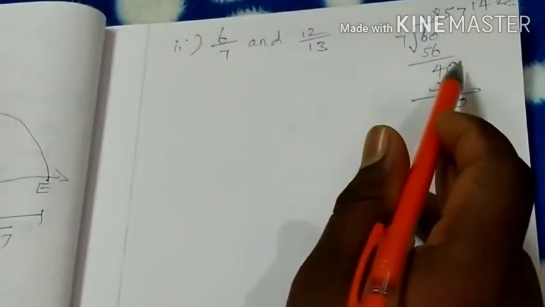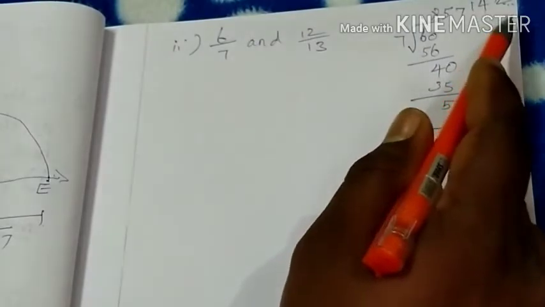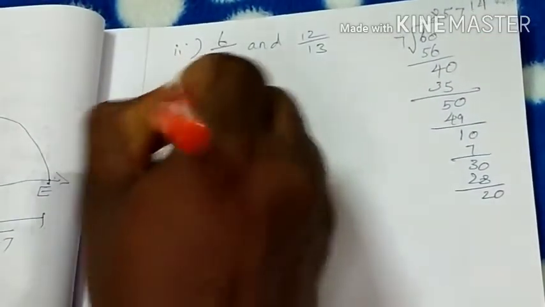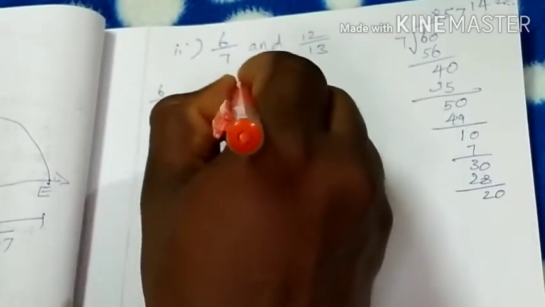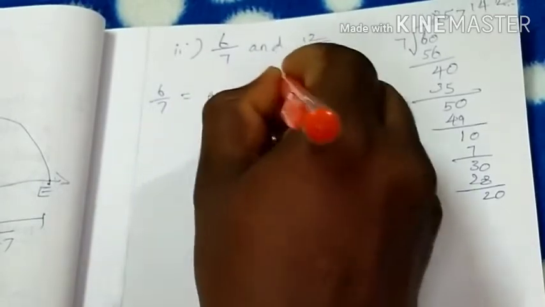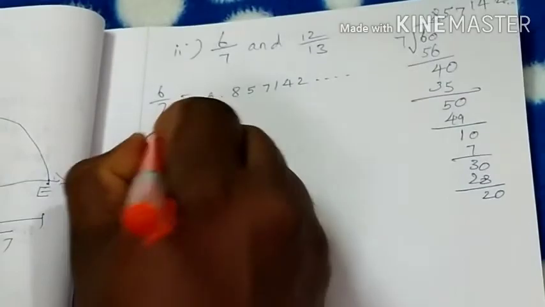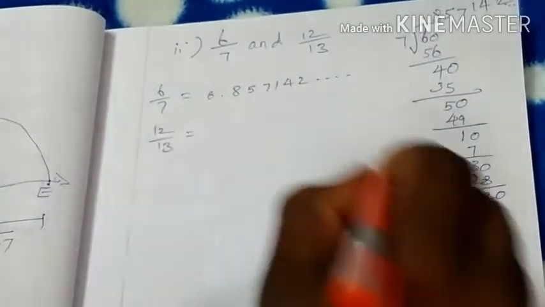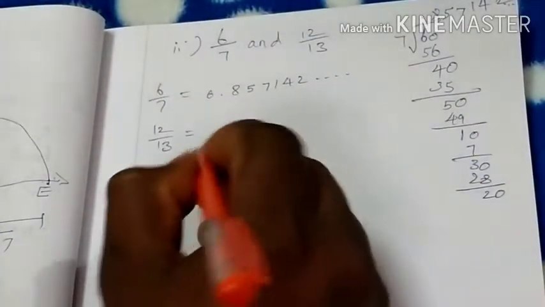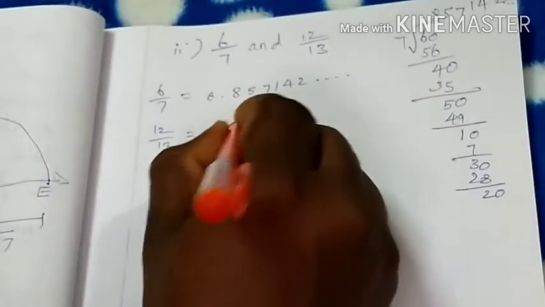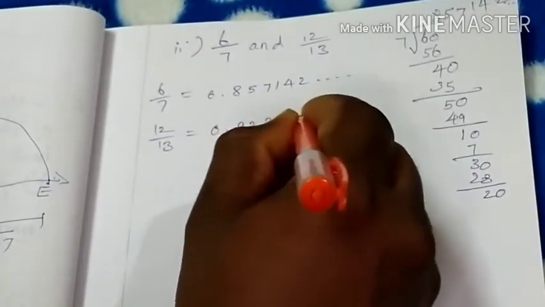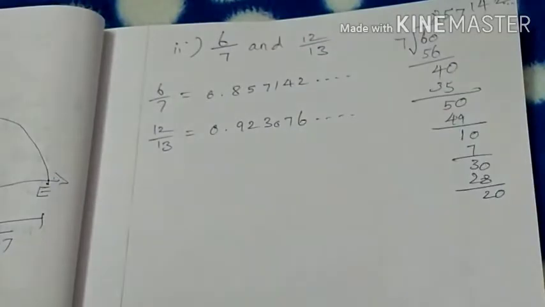In this way we get the decimal expansion. So 6 by 7 is equal to 0.857142 and so on. And 12 by 13, doing this division, we get 0.92376 and so on. The division is your homework.